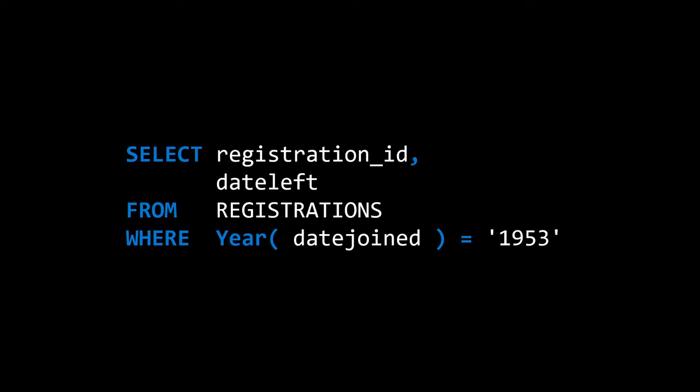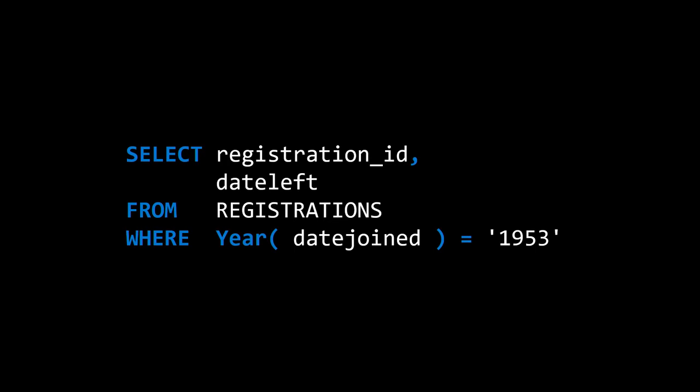So this means that SQL Server is going to go, okay, he is querying on date joined. If I had just gone on date joined equals 1953, I could use the index to find 1953. Unfortunately, I am not querying on that. I am querying on the result of a function, year, on the date joined. And that is not in the index.